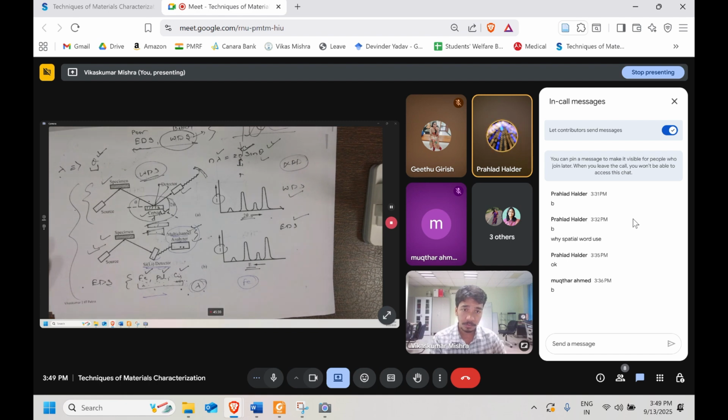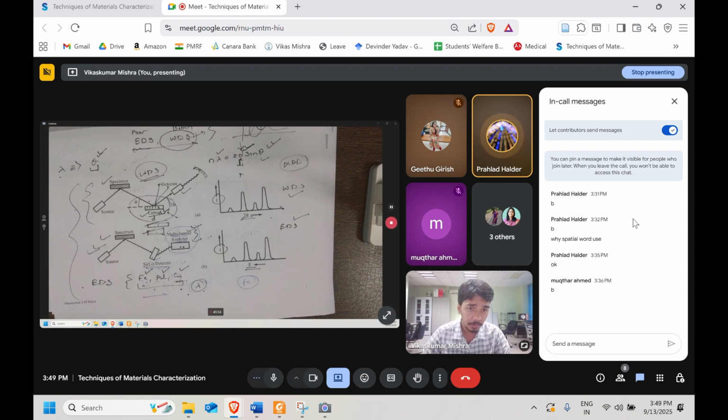So the basic fundamental thing is that in WDS we'll get an XRD plot type of thing, and in EDX we get the element versus percentage. For example, the Ti peak will be there at 30%. It will show the atomic percentage or weight percentage.